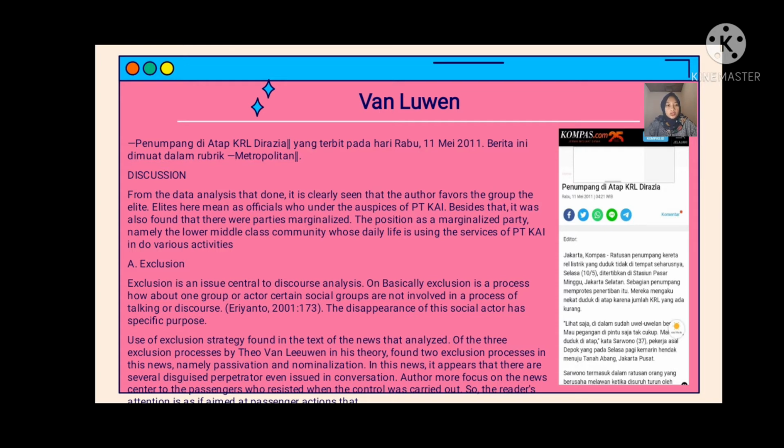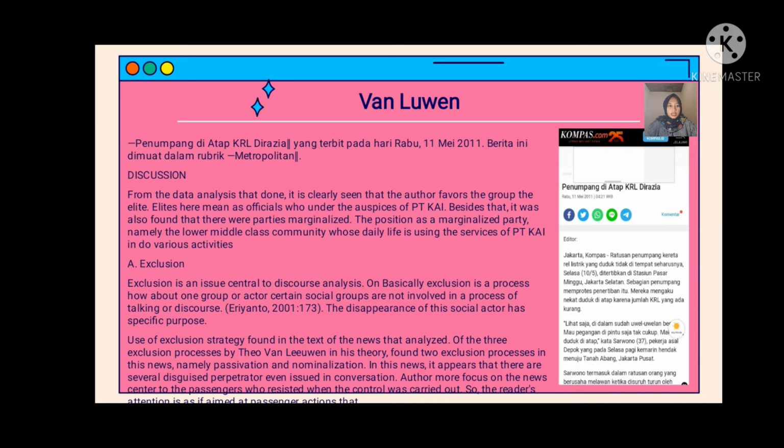The use of exclusion strategy is found in the text of the news that we analyze. There are three processes of exclusion by Van Leeuwen. The first one is passivization, the second one is nominalization. In this news, it appears that the perpetrator is even omitted from the conversation. The news instead focuses on the passengers who resisted when the control was carried out.